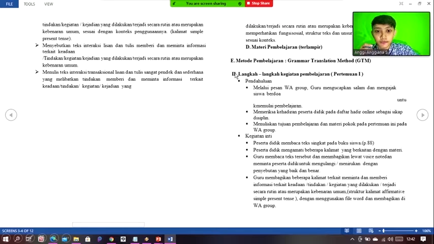After that, these are the learning materials used, some books or pictures or anything else. And here there is a method for the learning. Here the example is the grammar translation method. After that there is an activity, with the steps of the learning activity. Okay, so that is the example of the lesson plan, or RPP.